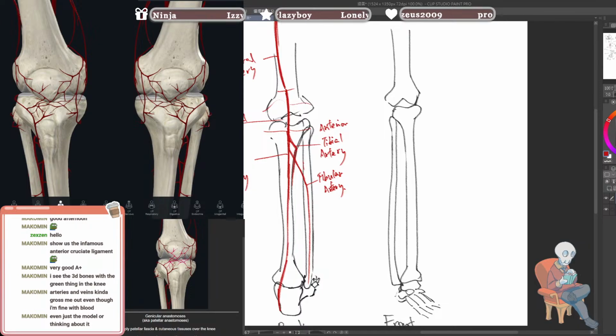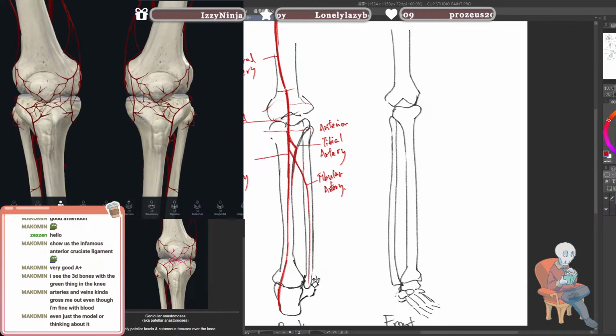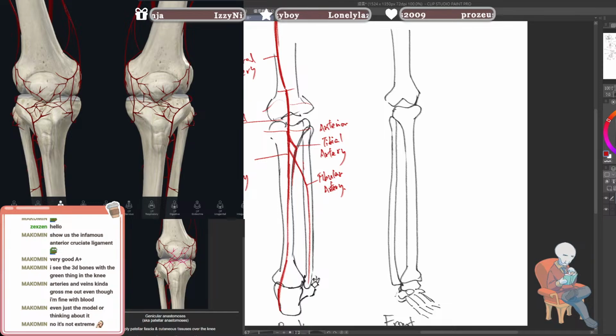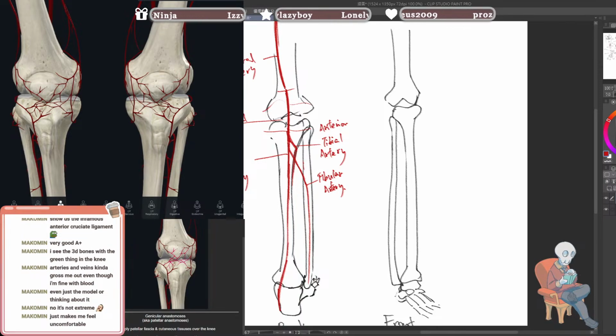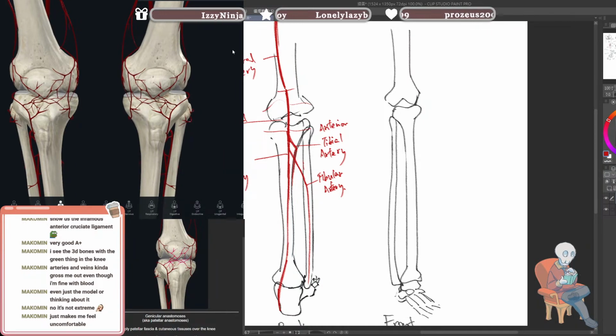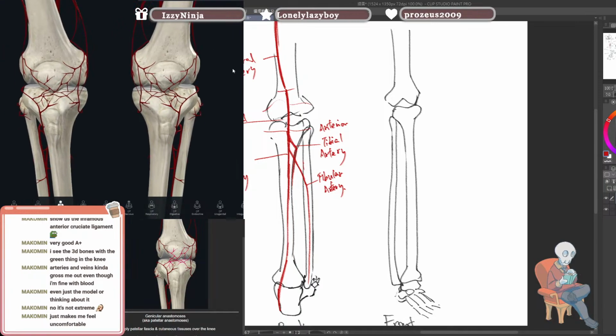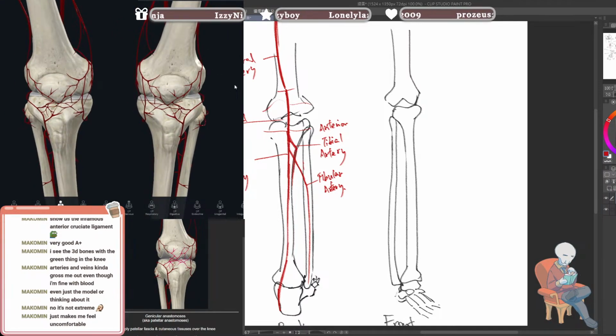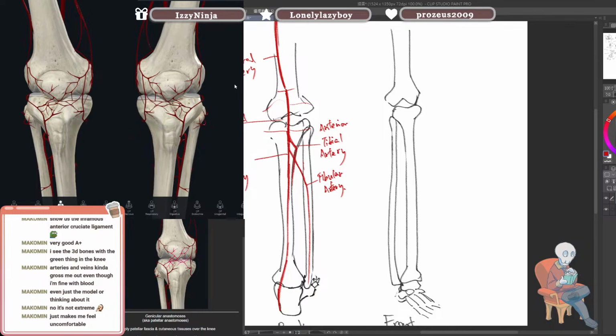Well, then I should just get it out of the way. No, it's not extreme. Okay. I trust you. I'm not sure. It's just the first time doing this sort of thing. Usually I just draw it out.